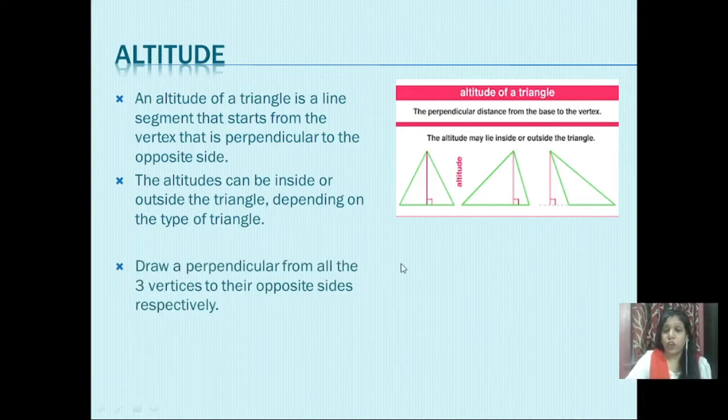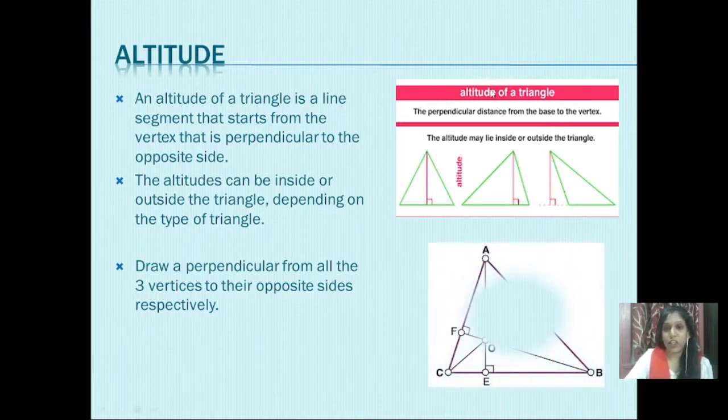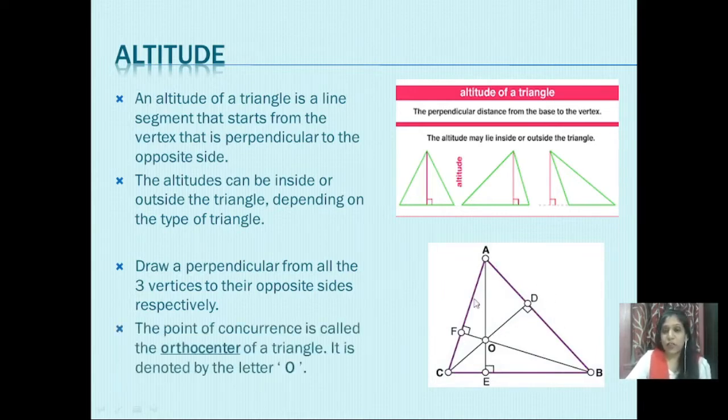Now, draw a perpendicular from all the 3 vertices to their opposite sides respectively. So in this image, we have drawn perpendiculars to the opposite sides. Now, if you observe in this image, all these 3 lines are meeting at one point. So this is the point of concurrence.